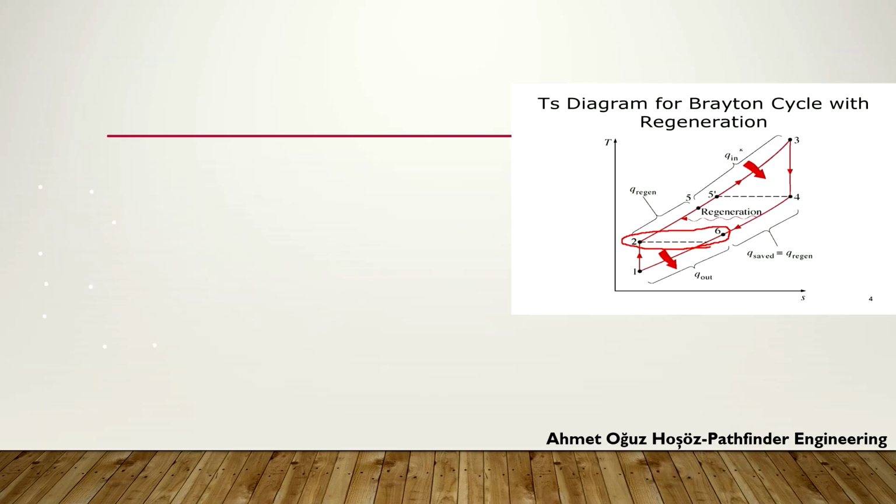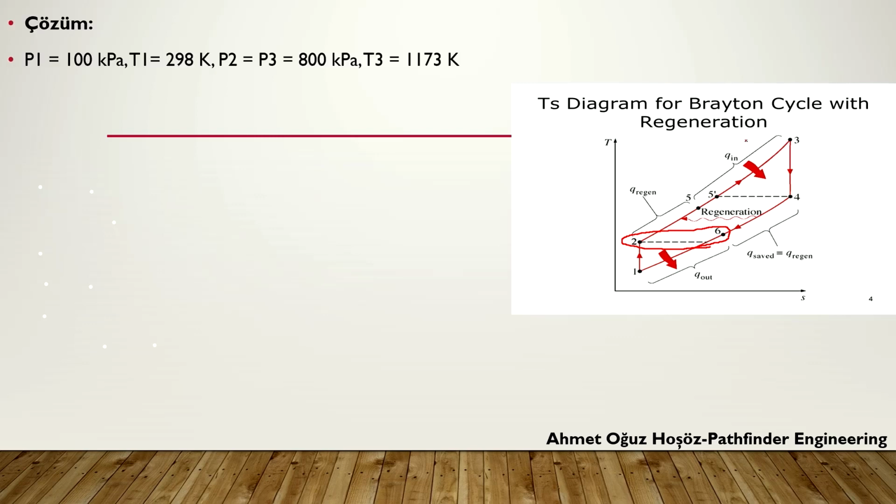So let's look at our detailed solution. Here is our TS diagram for the Brayton cycle with regeneration, and we can determine the pressure ratio rp from the given values by dividing P2 by P1. P2 equals P3 because the pressure is constant between 2 and 3 and between 4 and 1. So our rp is 8.